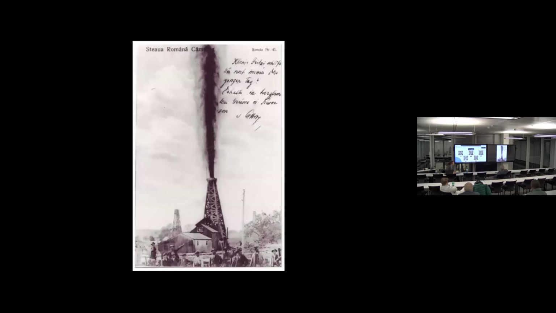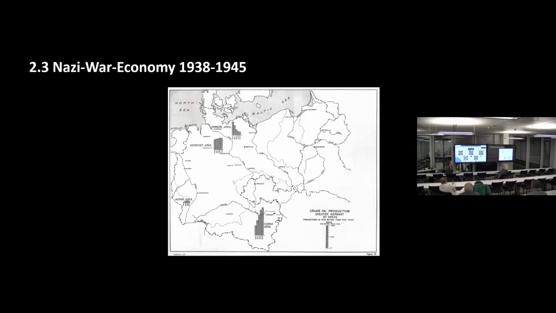Big industry was prevented in this area because the companies that drilled there also had connections to Romania, and they didn't like competition for their Romanian oil fields, so they kept the oil in the ground.